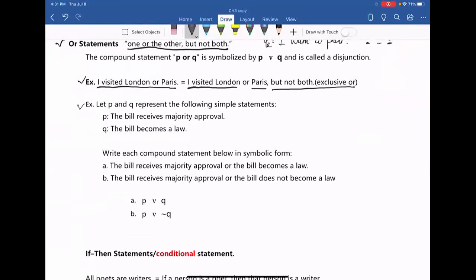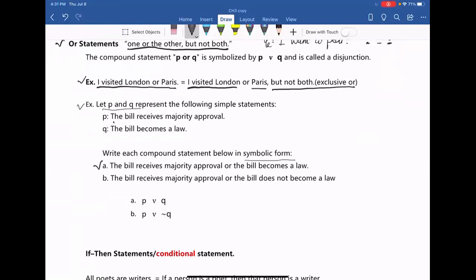Let P and Q represent the following simple statements. P is "the bill receives majority approval." Q is "the bill becomes a law." Write each compound statement below in symbolic form.